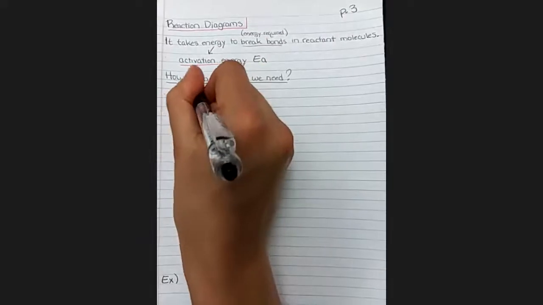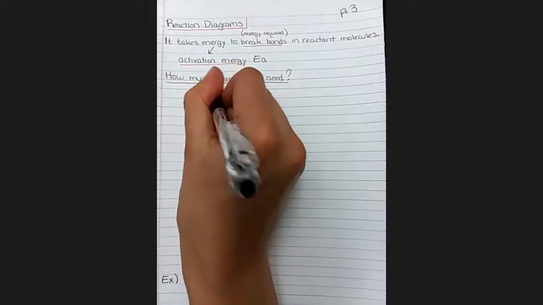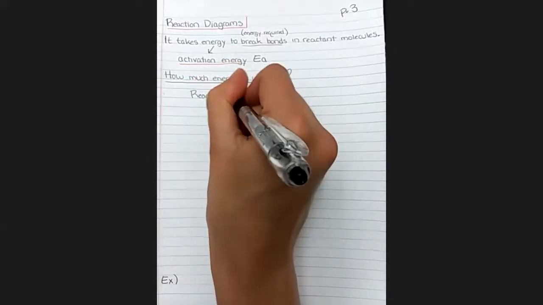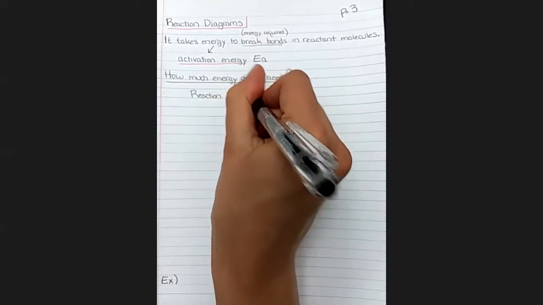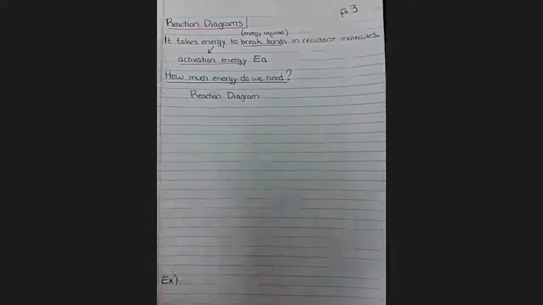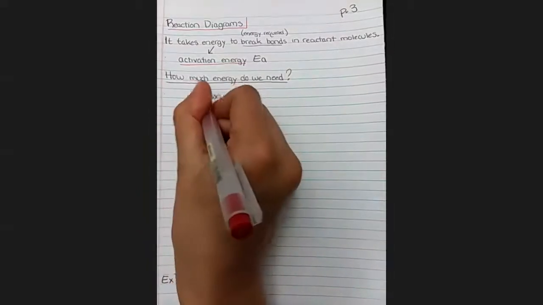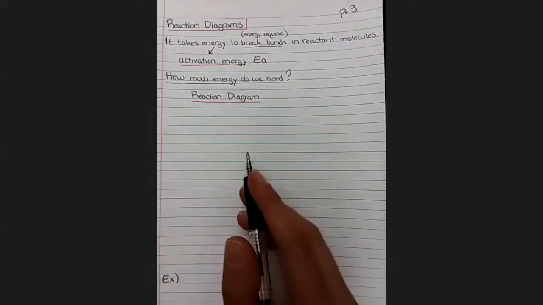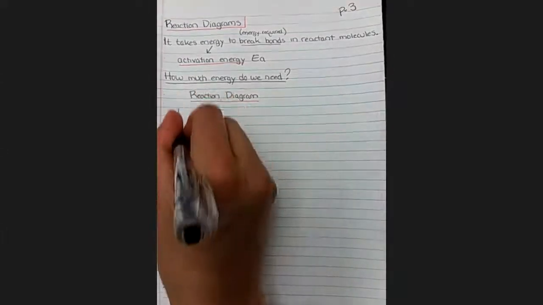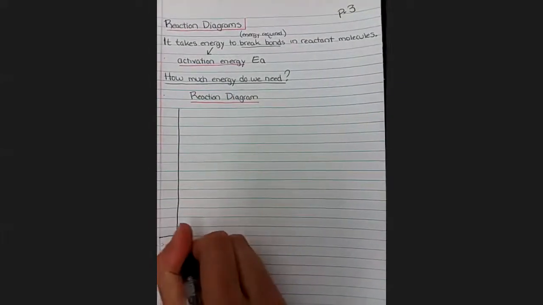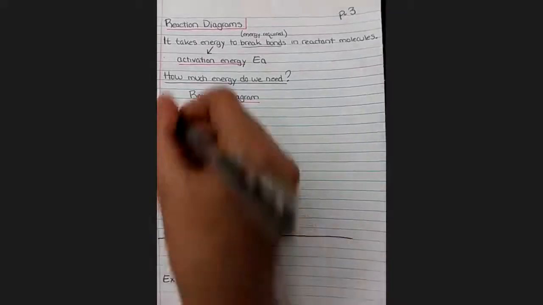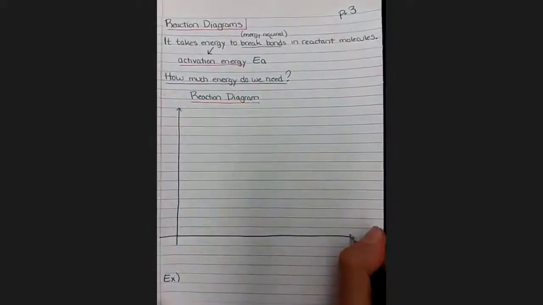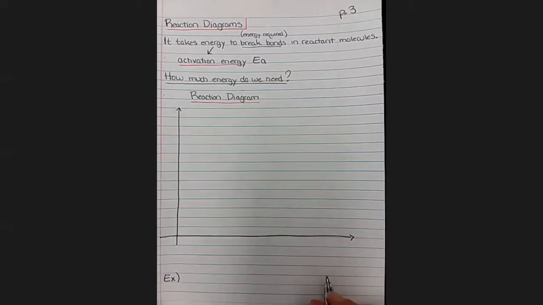So we can illustrate how much energy is needed with a kind of diagram called a reaction diagram, or some textbooks call it a reaction profile. And this is going to look similar to the diagram that we previewed in the first video of this chapter. So let's draw a nice big diagram, because we're not only going to draw a diagram, we're also going to be adding pictures inside the diagram.